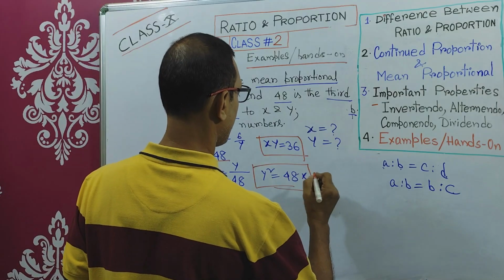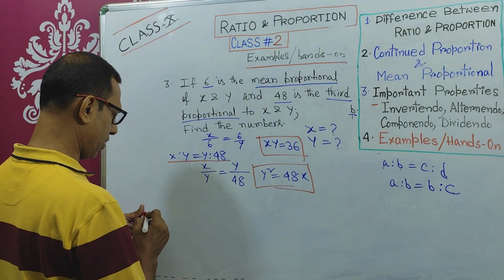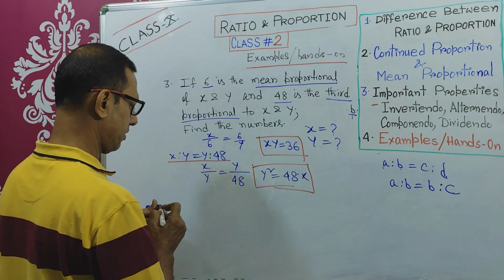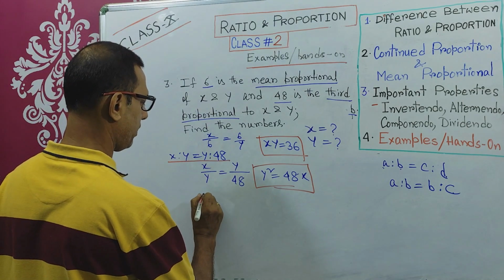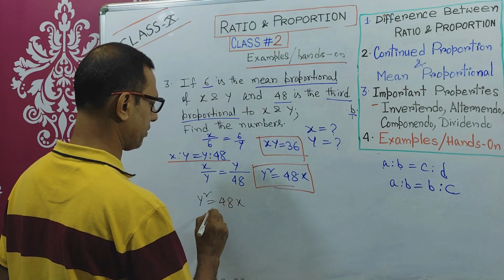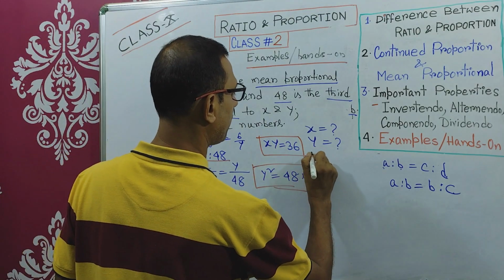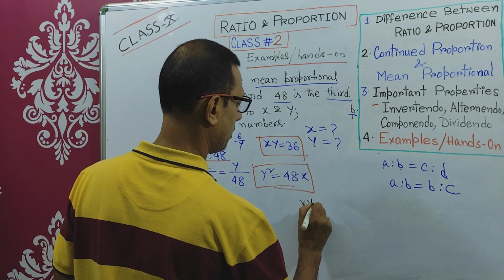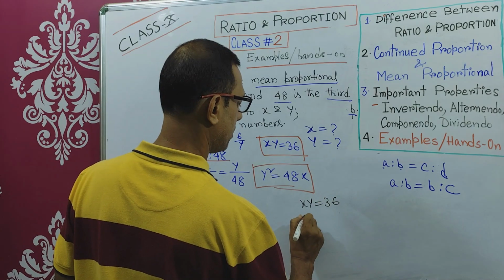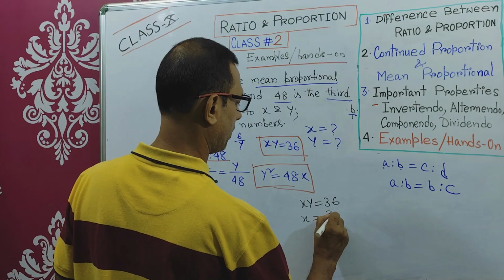Now y square equals 48x, that is already one relation. Now, since xy equals 36, that means x equals 36 by y.